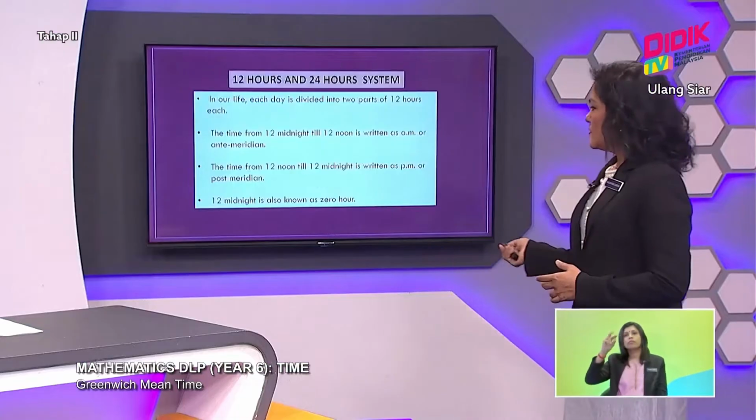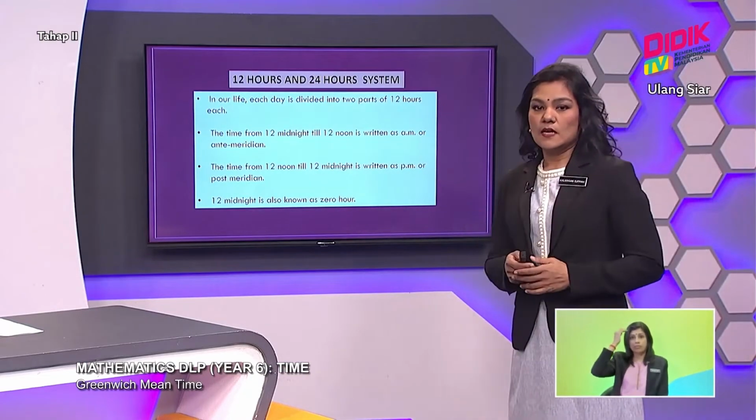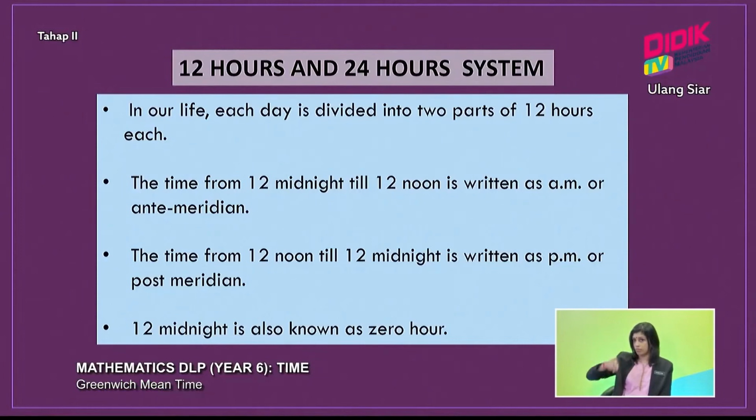So everyone must know what GMT is. As our objective today, pupils will recognize the time zone as I introduced just now, and then pupils will be able to calculate the time difference between two countries or two cities which are located in different time zones.